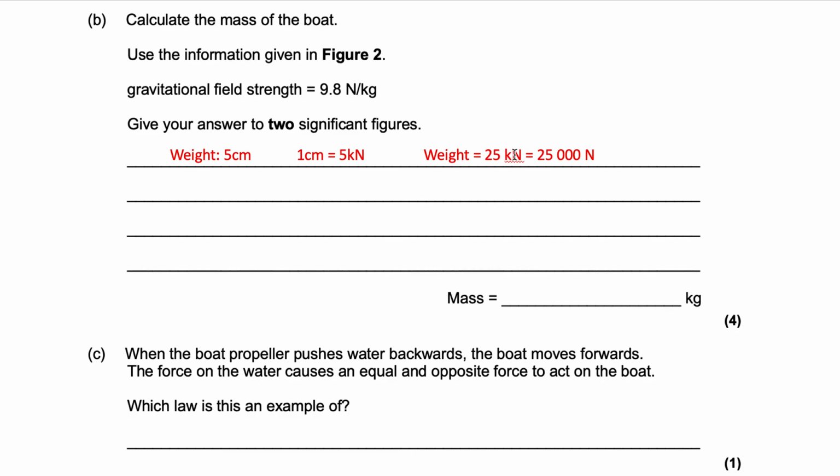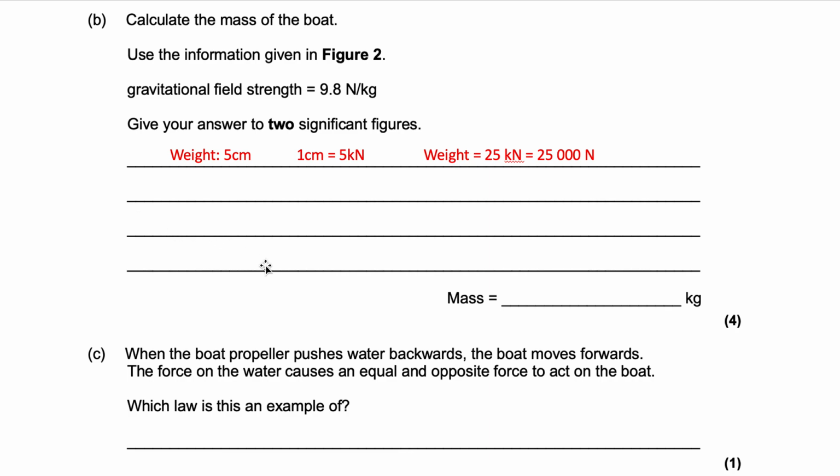Newtons is the standard unit, so we want it in newtons, so we have to convert. Kilo means times by 1,000, so 25,000 newtons is the weight. Because it says gravitational field strength, we know gravity is linked to weight, and that's how we know we're interested in the weight arrow rather than the upthrust one.